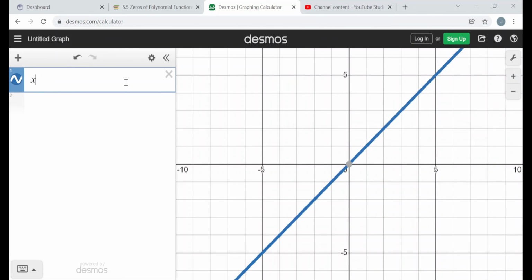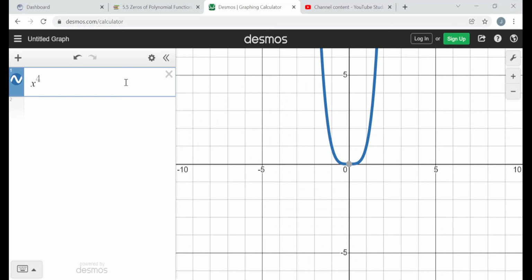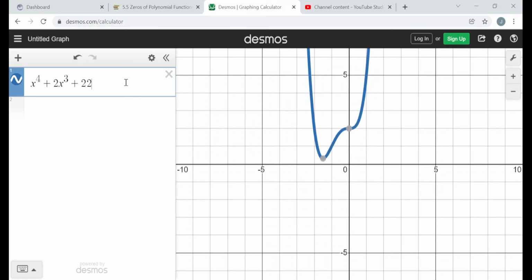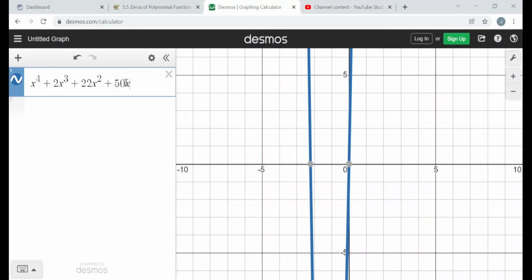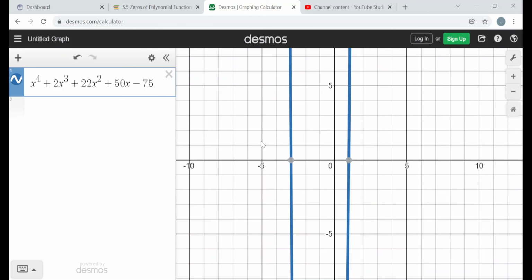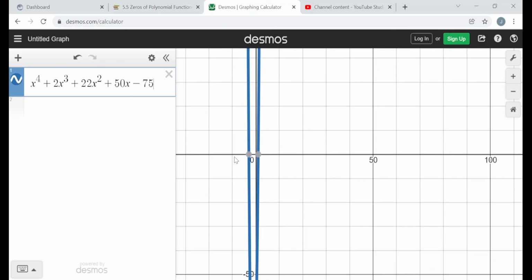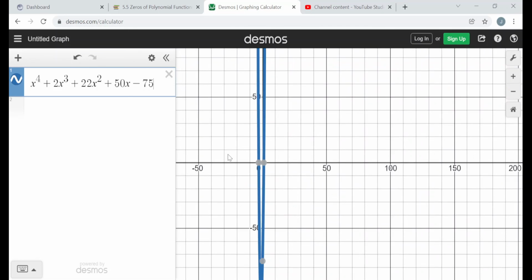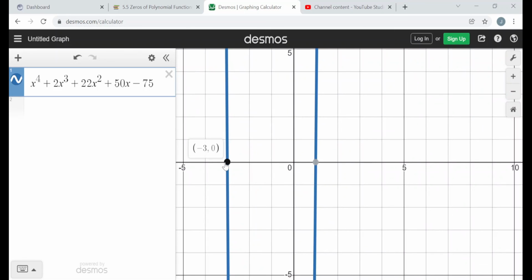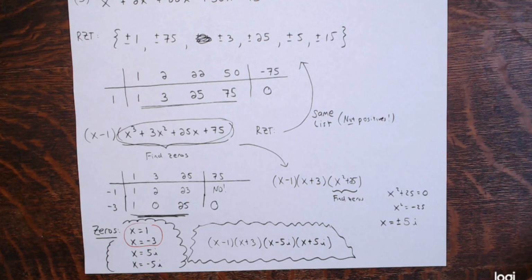So this polynomial was x to the 4th plus 2x cubed plus 22x squared plus 50x minus 75. And you see, now again, I can zoom out a bunch, and you're only going to be seeing those 2 points on the x-axis. And those are at negative 3 and positive 1. Exactly like what we said back here.